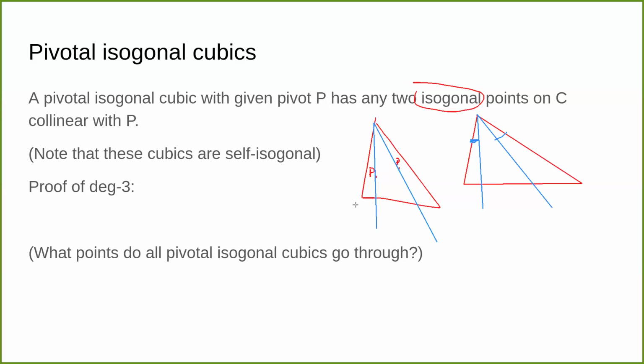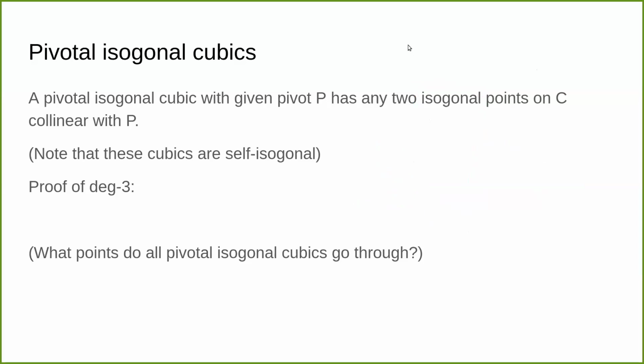These two are the same, and these are isogonal. I will explain it soon. And these are isogonal. But it's like these two equal, these two are equal, and these two are equal, basically.